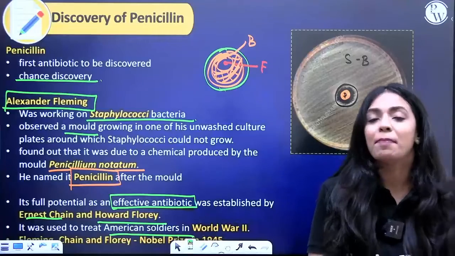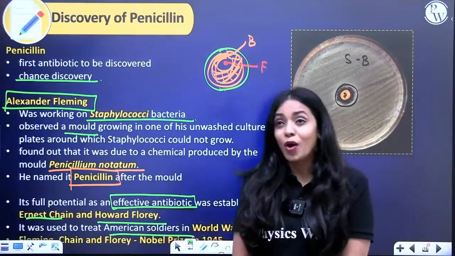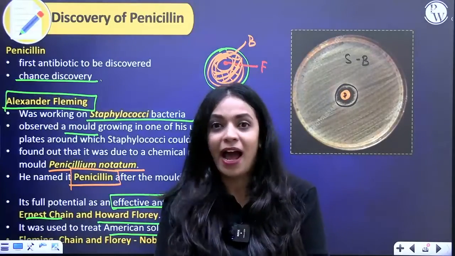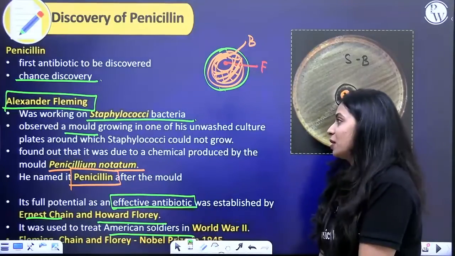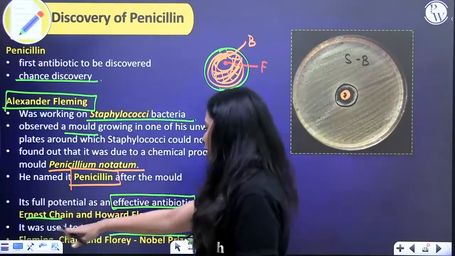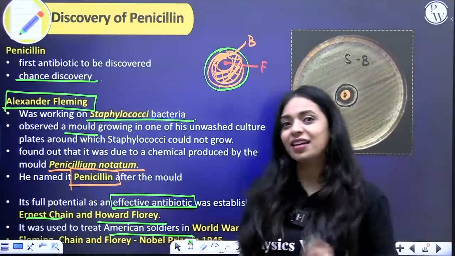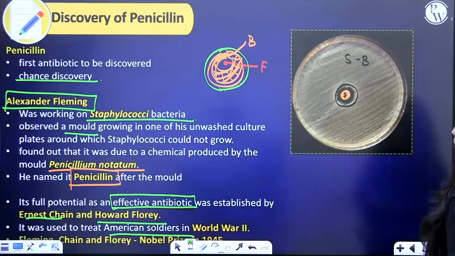It helped immensely to treat the wounded soldiers during war. It was of high importance to treat many bacterial diseases that had no cure at that time. Because of their contribution, all of these three people, Alexander Fleming, Ernst Chain and Howard Florey, obtained the Nobel Prize in the year 1945. Alright, so that's about the discovery story of penicillin.